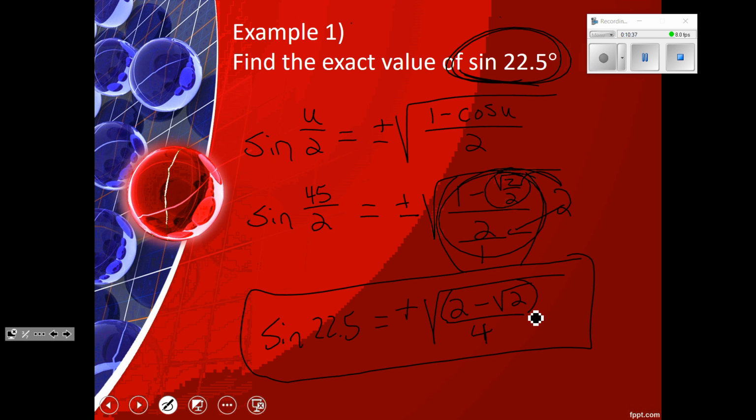So I want you to put in the square root of 2 minus the square root of 2 divided by 4. And tell me what you get. All right, let's go to the next one.